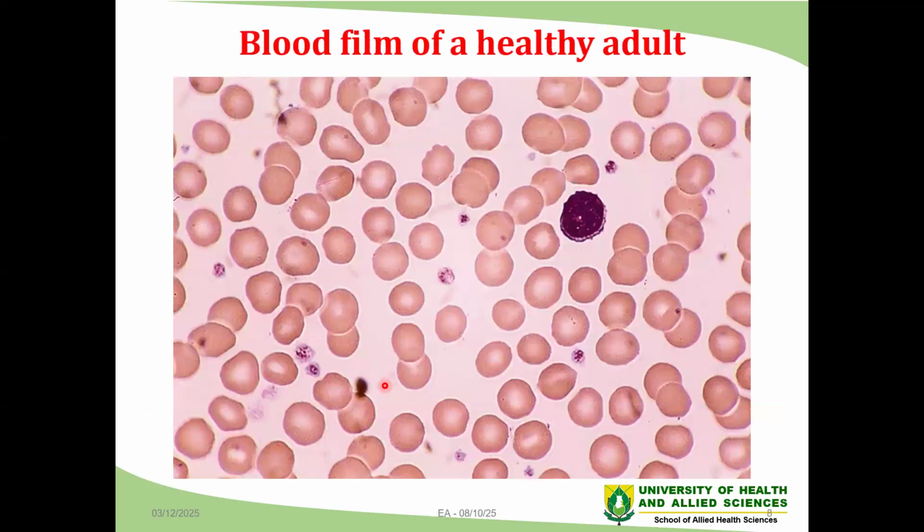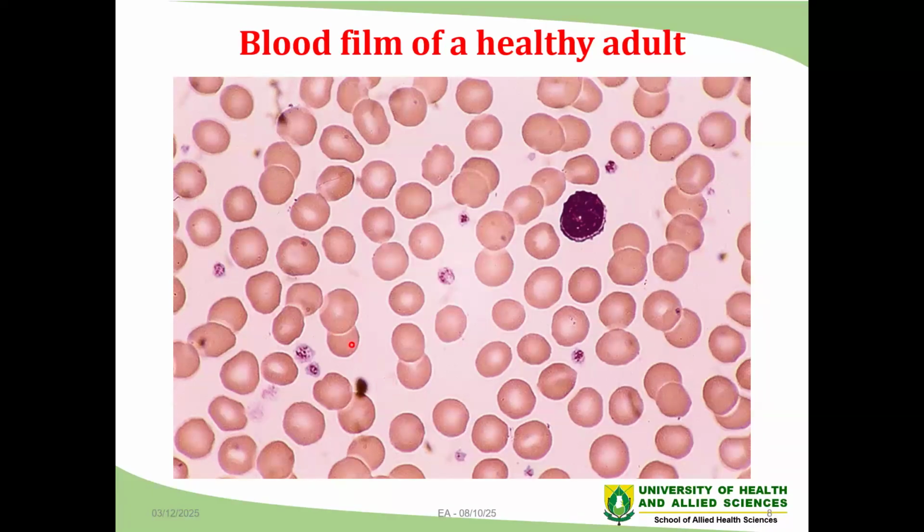So this is a blood film of a healthy adult. A lot of times we need to describe the morphology of the red cells. We need to say something about the size, about the hemoglobinization, and about the shape of the red cell.